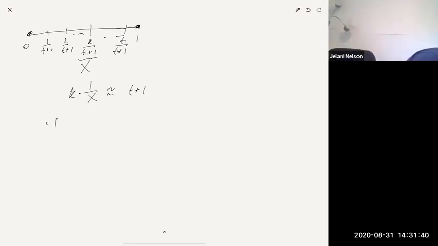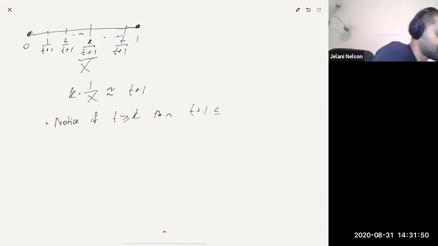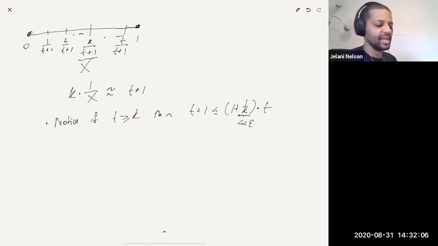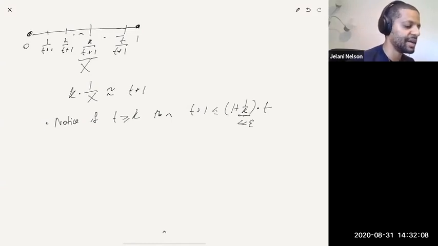Notice, if t is at least k, then t plus 1 is at most 1 plus 1 over k times t. So as long as 1 over k is much less than epsilon, this is not really affecting our multiplicative guarantee anyway. And that's going to be the case. We're going to end up picking k to be like 1 over epsilon squared or something. Okay, so that's why we're answering the queries the way we're answering them.